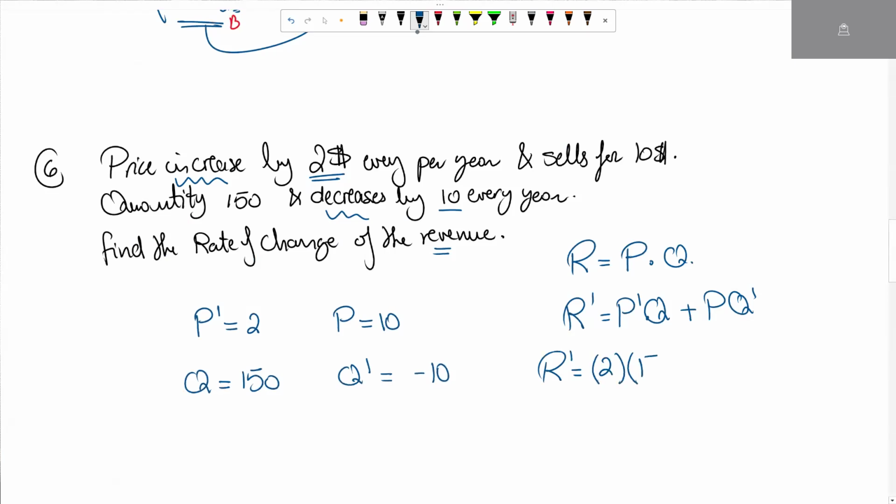Instead of the Q, I'll put the 150, plus the P, which is 10, and instead of the Q prime, negative 10. All of that on a calculator would give me the rate of change of the revenue. The answer would be positive 200, so it's an increasing revenue.